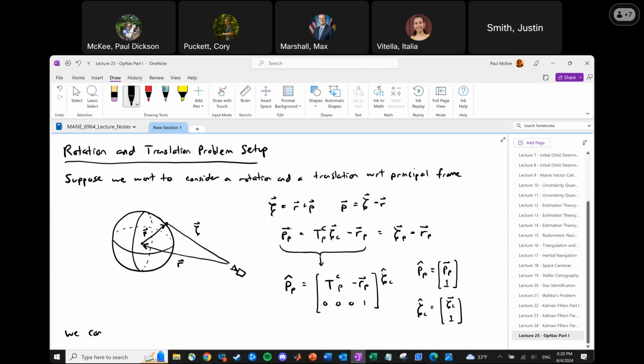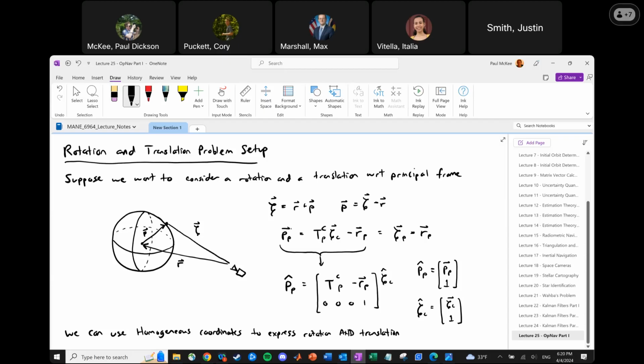We can use homogeneous coordinates to express rotation and translation simultaneously. You might have seen this if you've taken robotics, or in the context of a dynamics course, that this 4x4 matrix really contains a rotation and a translation at the same time.